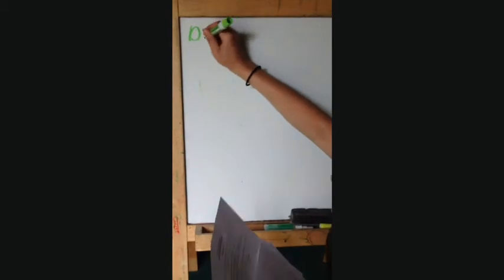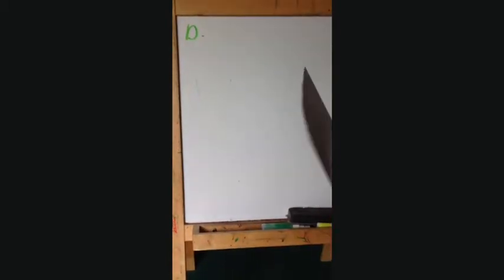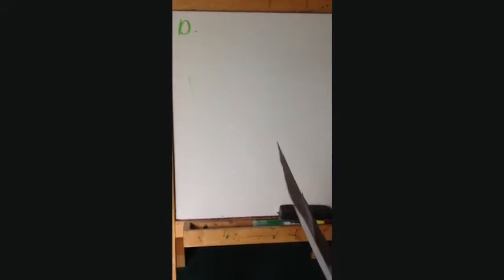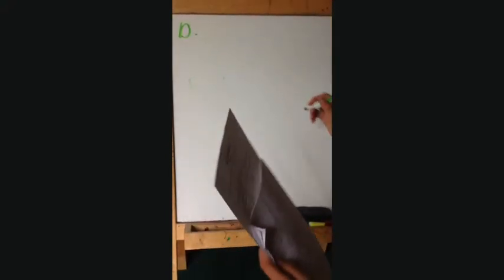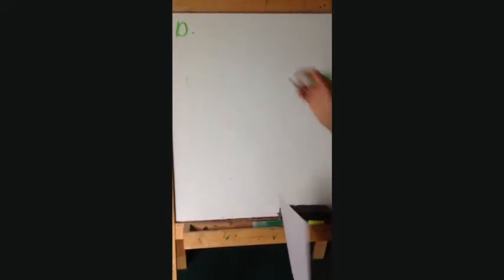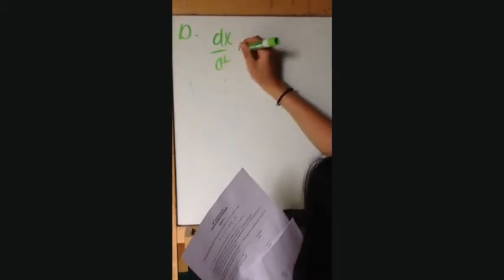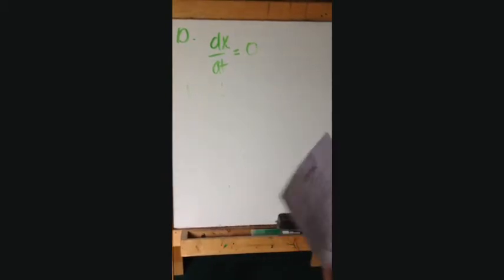Part B says the curve has a vertical tangent line at one point. At what time t is the object at this point? So we know that at vertical tangent lines, the x value does not increase. So you're going to set dx/dt equal to 0.